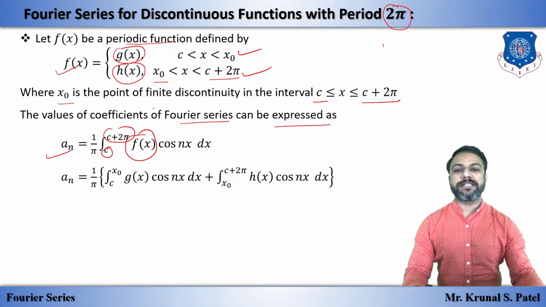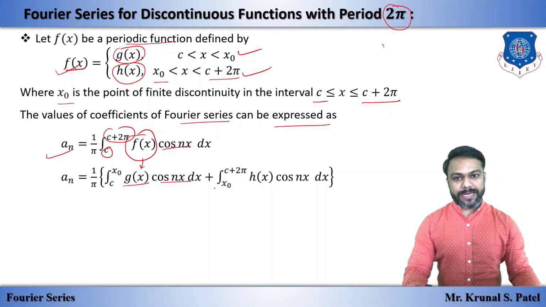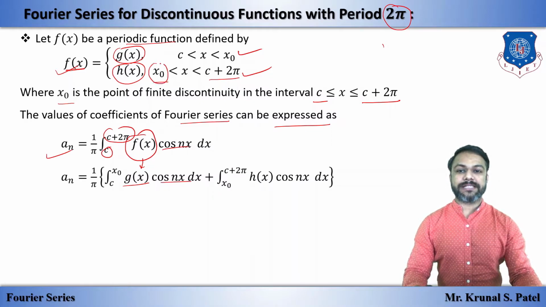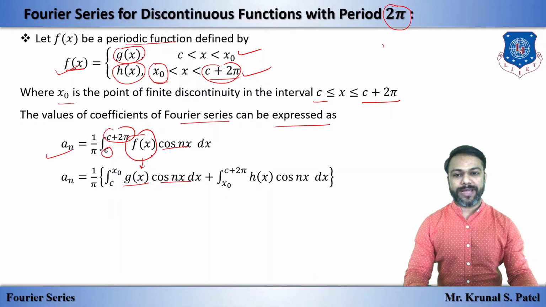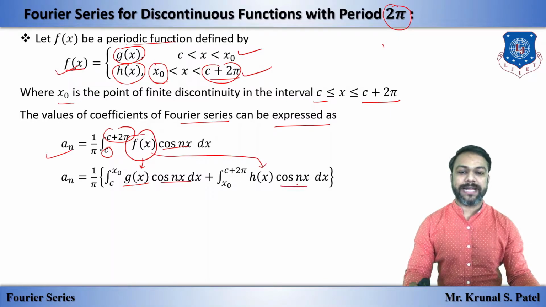In the first interval c to x0, f of x is given by g of x, so we put g of x and cos nx as it is, plus again an integration over the interval x0 to c plus 2 pi, where f of x is h of x, so we put h of x and cos nx as it is.